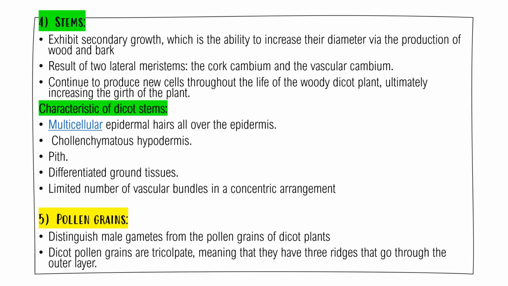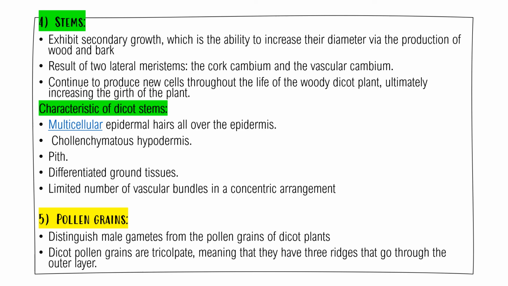And the last one is pollen grains. Pollen grains are like the male sex cells of plants. They are the male gametophytes that produce the plant's sperm cells. The pollen grains of dicot plants have physical characteristics that distinguish them from the pollen grains of monocot plants.